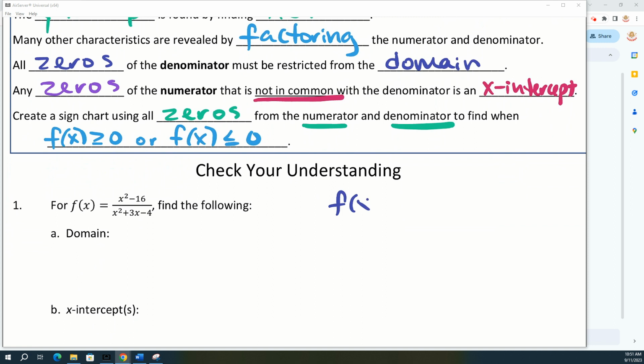So the first thing we want to do is factor. The numerator is the difference of squares, and the denominator is just regular trinomial factoring.